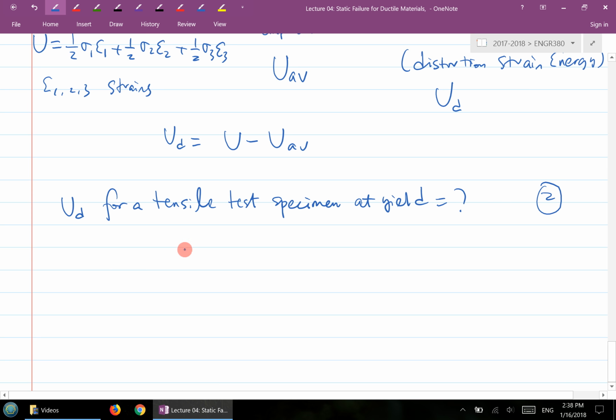So let's consider the tensile test specimen. When you have a tensile test, you have a force applied to both sides of the specimen. If I cut a cross section and look at an element on it, we have nothing else but a tensile stress. That's your state of stress.